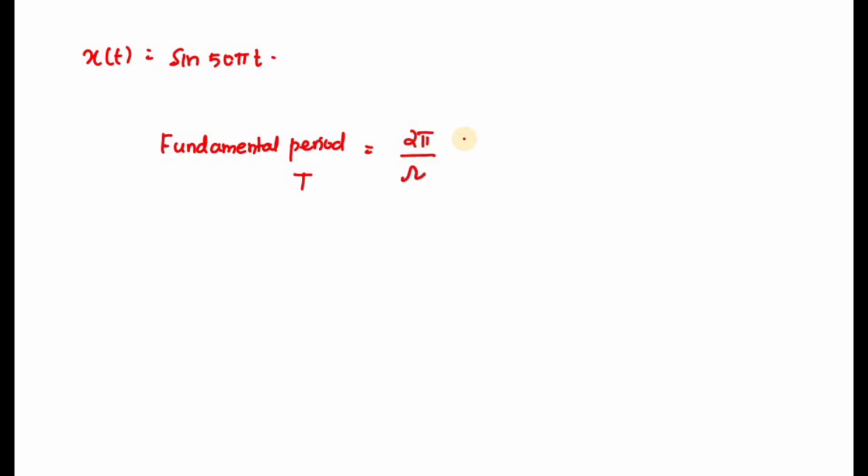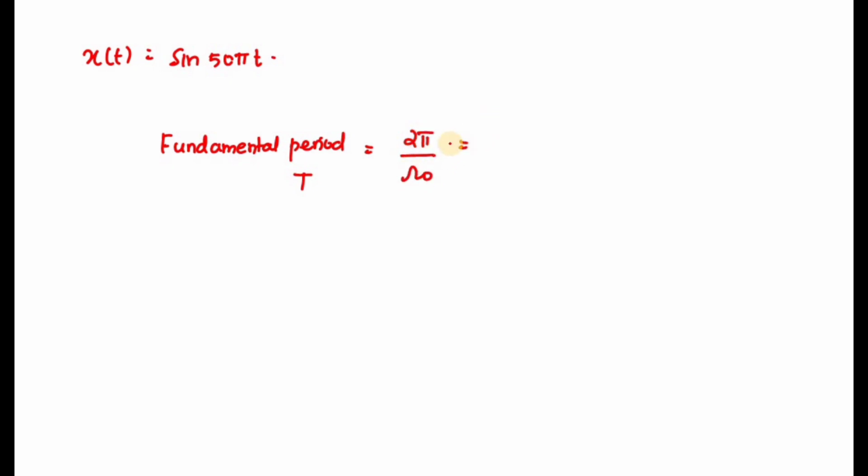Now let us go for the continuous time signal. If it is a continuous time signal, the question will be like this. Instead of x of n, it has to be x of t. x of t is equal to 50πt. Here you have to find the fundamental period, right? Instead of n, you have to use capital T. The formula is 2π divided by omega naught.